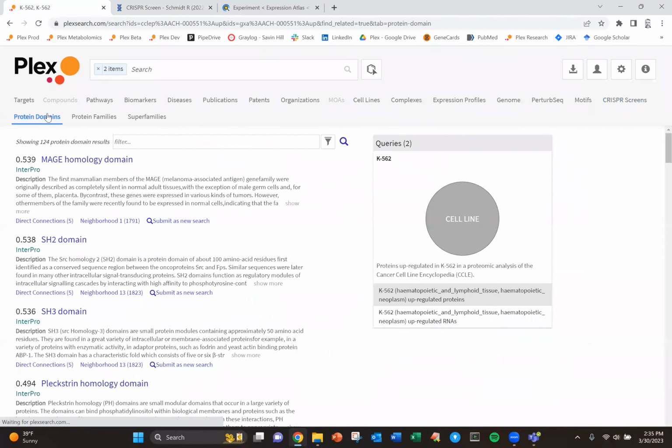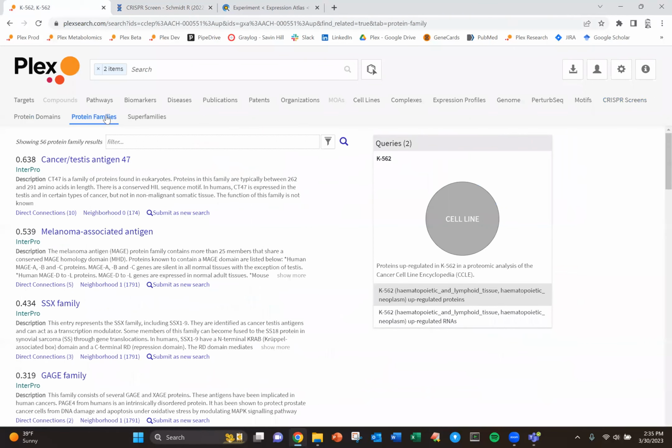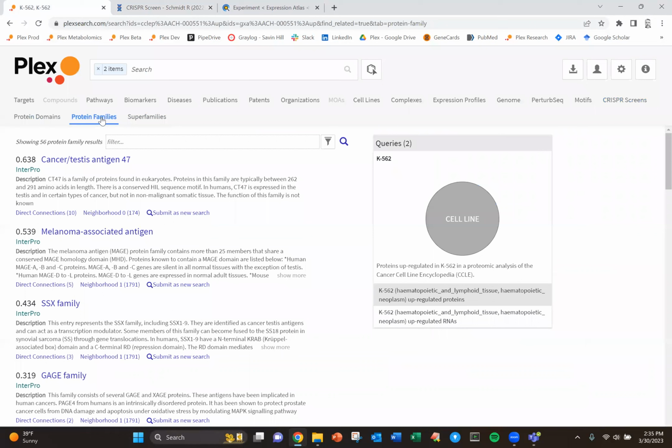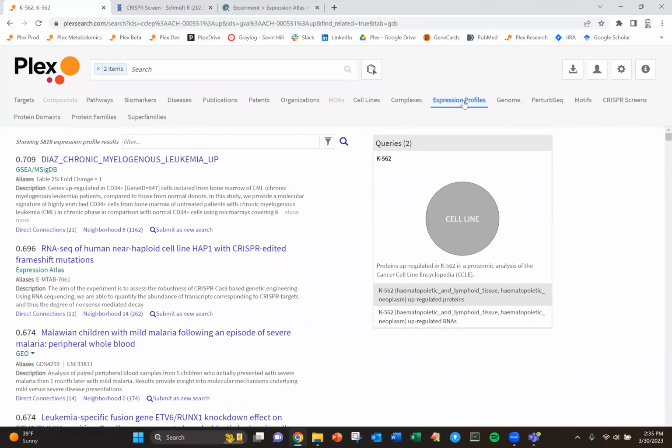And then finally, you can look at, do these genes share a common domain? In this case, many of them have this MAGE homology domain, this melanoma-associated antigen. Do they share a protein family or superfamily? And you get a similar kind of result there. So it's a lot of different lenses that you're looking at the data through. And all of this contributes ultimately to identifying underlying mechanisms that the cell lines or the data sets that we've put in have in common, right?